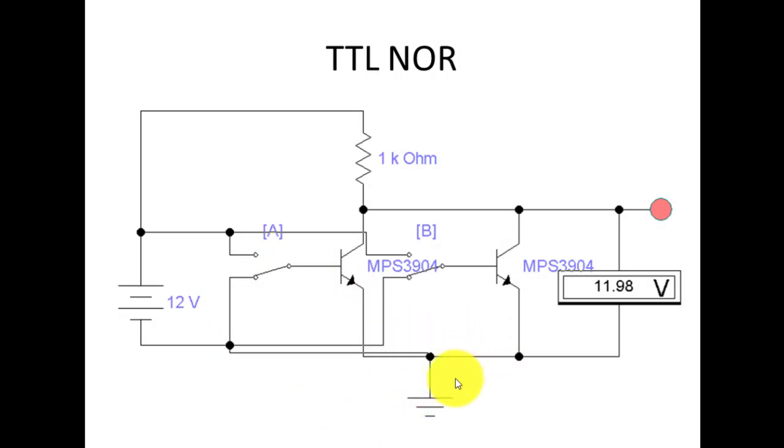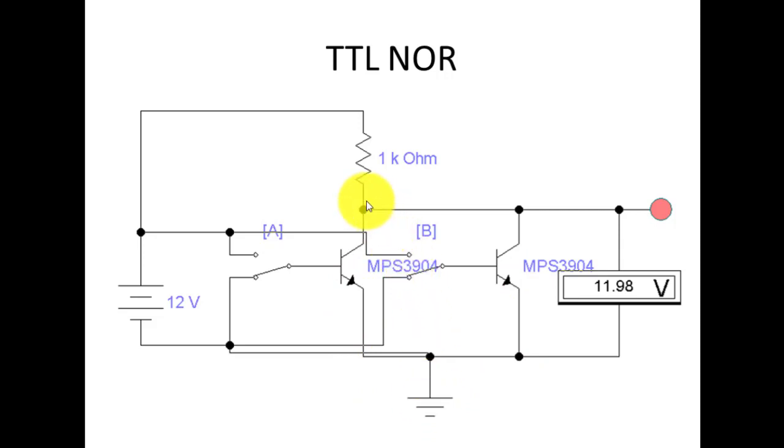I am showing this circuit because you have to implement it in the electronic workbench. Before the construction of the circuit, you have to watch the configuration of the transistors. You can see that here we are using two transistors with connected collectors and connected emitter terminals, and both of the emitter terminals are connected with the ground.